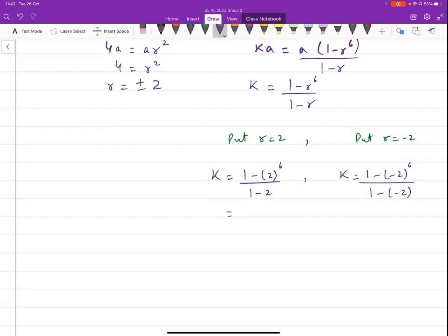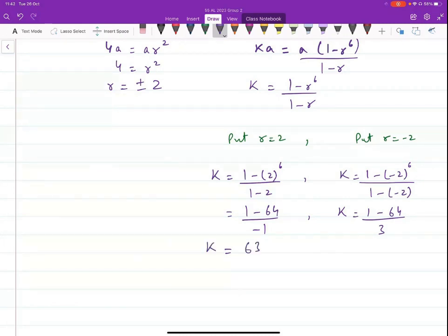If we evaluate this, 1 minus 2 raised to power 6 is 1 minus 64, divided by minus 1. Since it's an even power, it becomes positive 64. So 1 minus 64 divided by 1 minus 2, which is 1 plus 2, that's 3. So we get minus 63 over minus 1, which is 63.